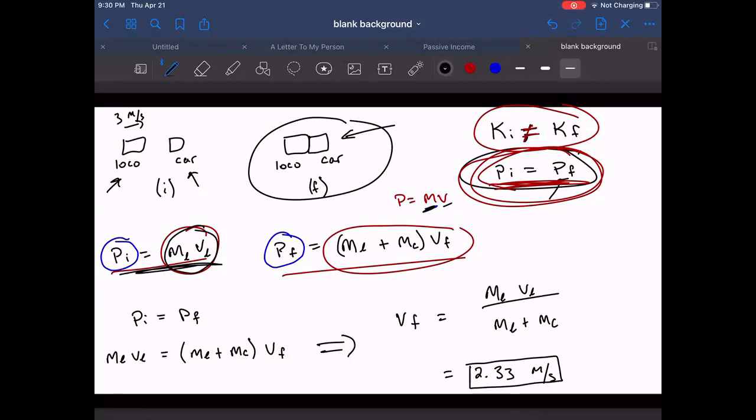Okay. And all I've done was combine those things. I solved for VF after I combined conservation of momentum. That's where that equation came from.